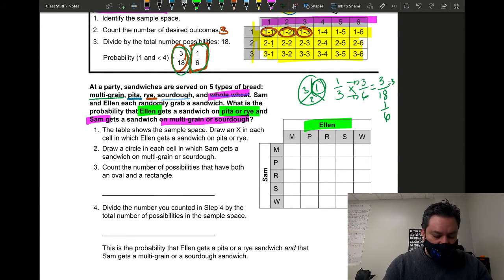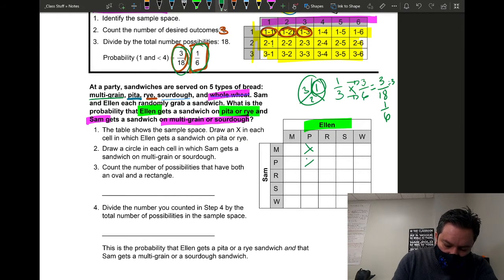Let's follow the instructions. It says, number 1, the table shows the sample space. Draw an X in each cell. Ellen gets a sandwich on pita or rye. So Ellen, an X. So we're gonna get pita. We're gonna put an X. All of this, right? And rye. Pita or rye.